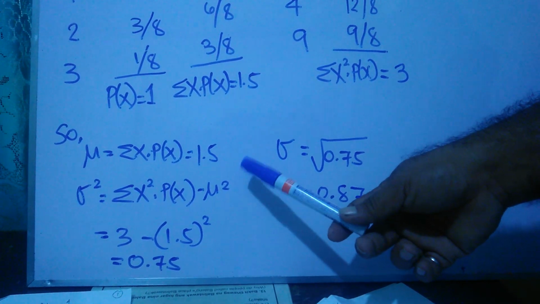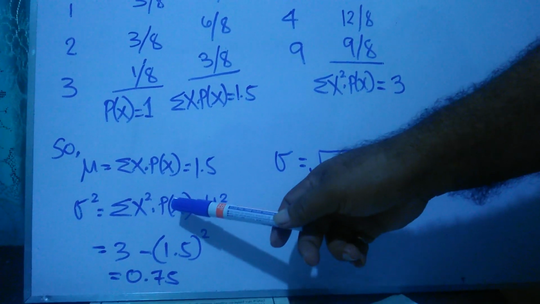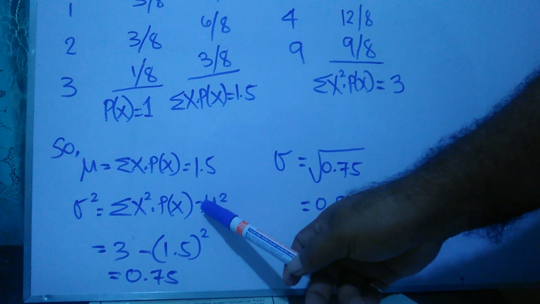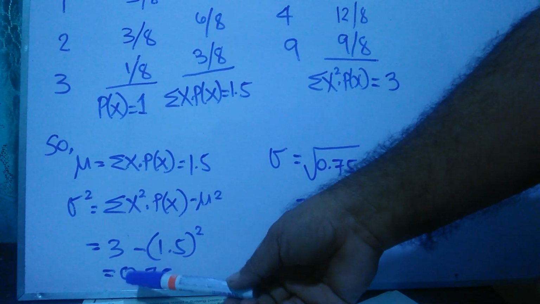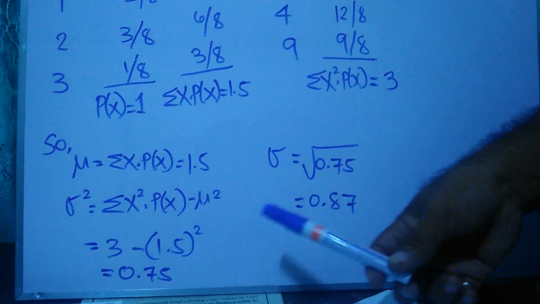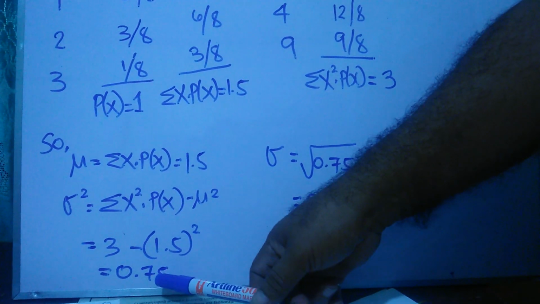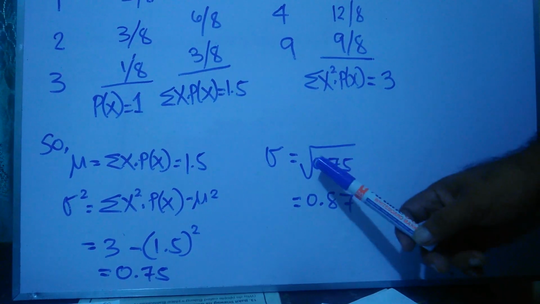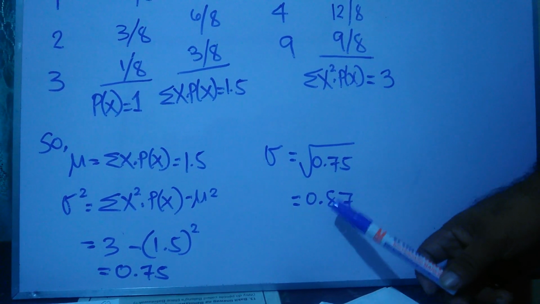Substituting, that is 3 minus 1.5 squared, and the answer is 0.75. To compute the standard deviation, simply take the square root of this answer, 0.75. So the standard deviation, sigma, the square root of 0.75, equals 0.85.